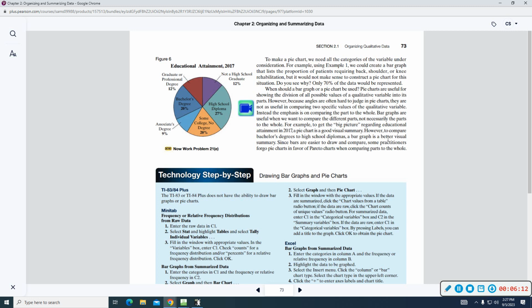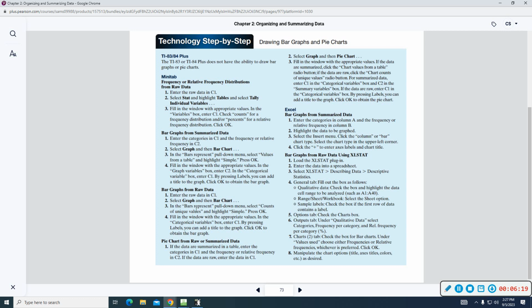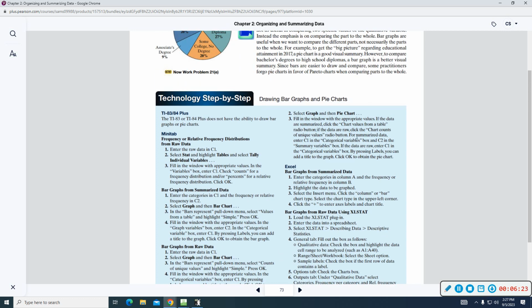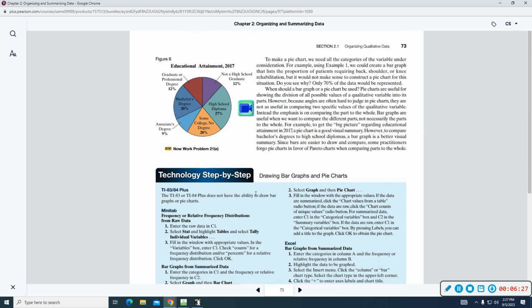You're going to draw it by hand. But they give you very detailed instructions on how to do it with technology. So that comes up, we'll show you how to do that as well. But other than that, that's most of the information. We'll be doing this with, again, qualitative data, to measure these, use these charts and bar graphs.